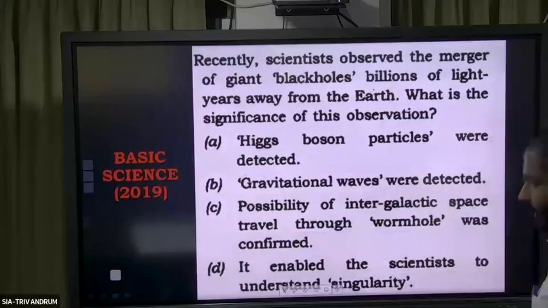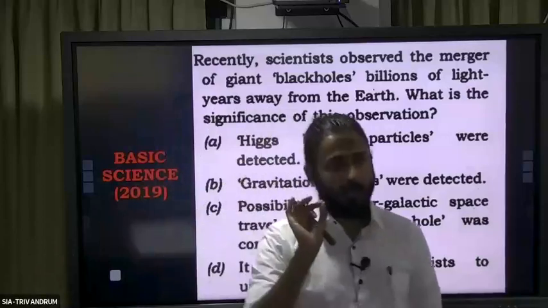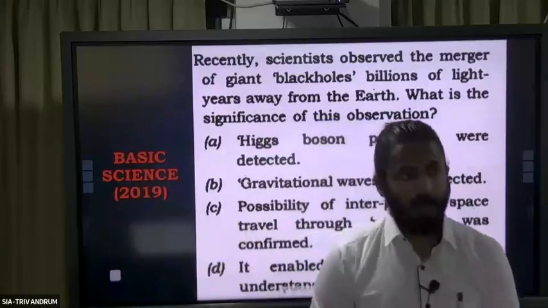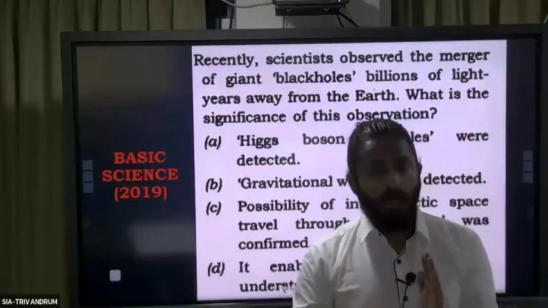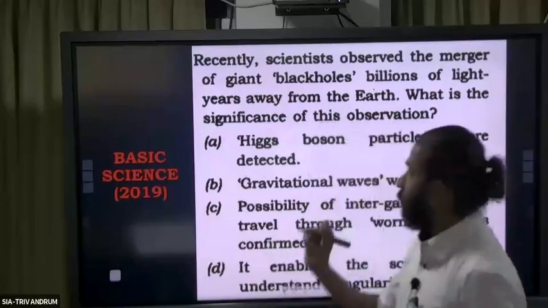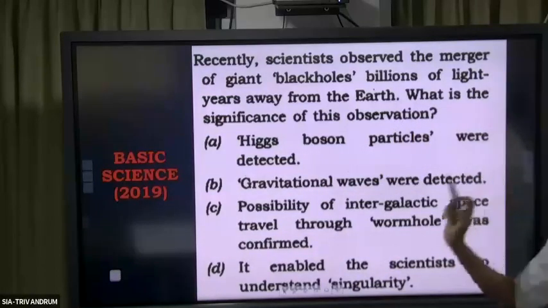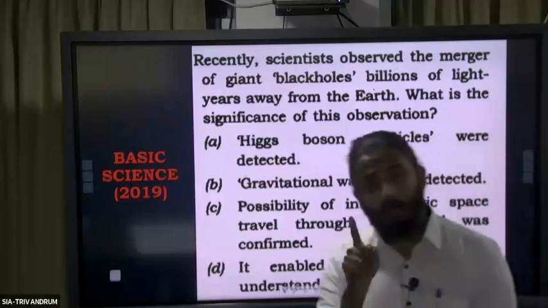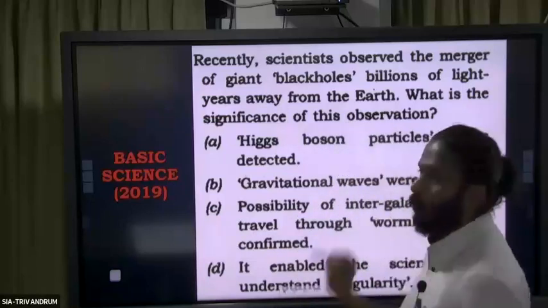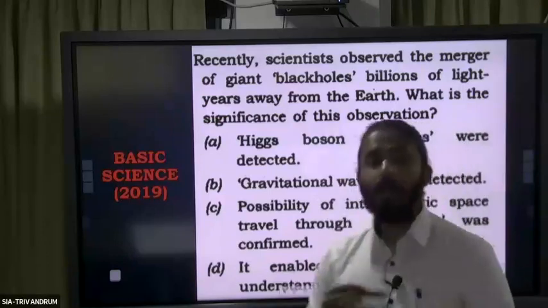Then black holes. One point I want to stress regarding these UPSC questions: all these are UPSC questions, and you should also Google and find out the terms which they ask in the options or answers. In 2019 they asked about black holes and the significance of the observation, but there are certain terms in the options: Higgs boson particles, gravitational waves, wormhole, singularity.